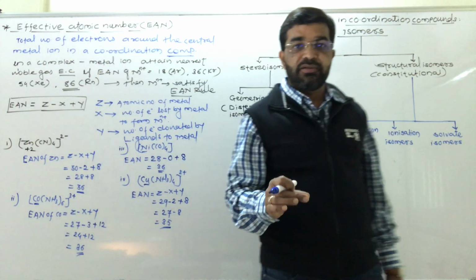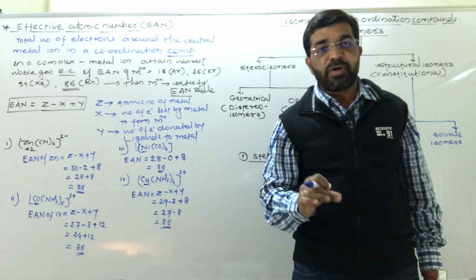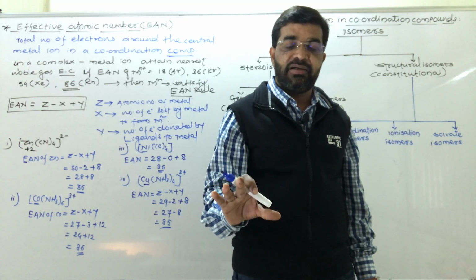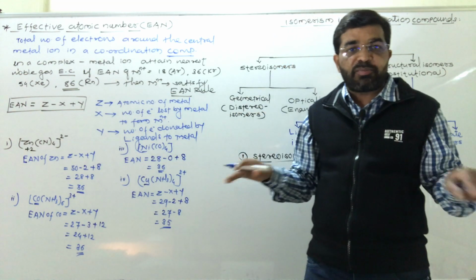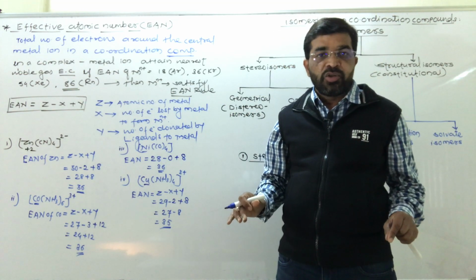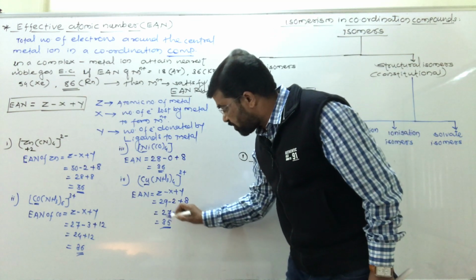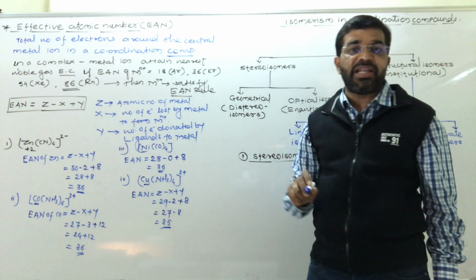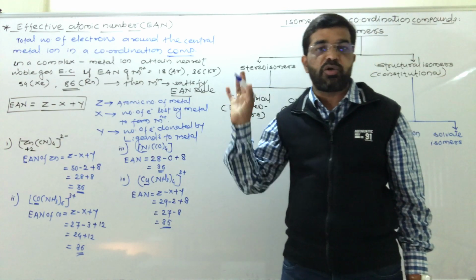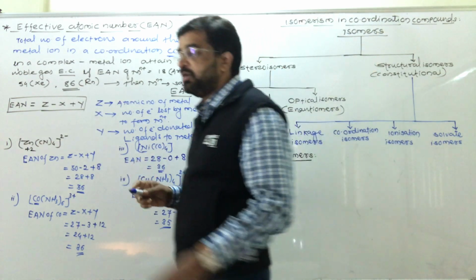is not the atomic number of any rare gas or noble gas element. 35 एटॉमिक नंबर किसी भी रेयर गैस और नोबल गैस का नहीं है, तो this copper in this complex does not satisfy the effective atomic number rule. Don't forget that.